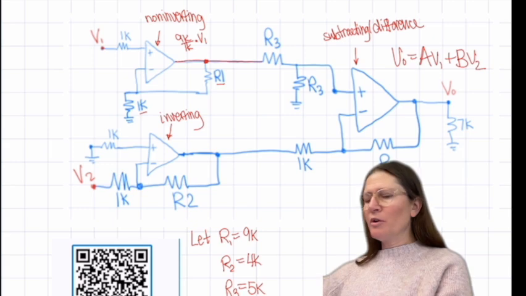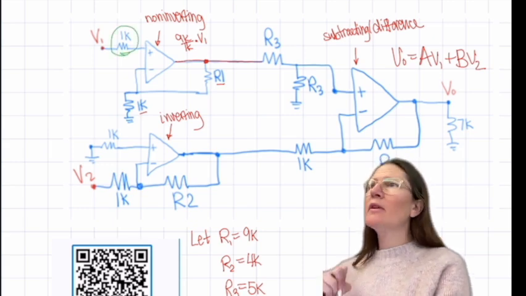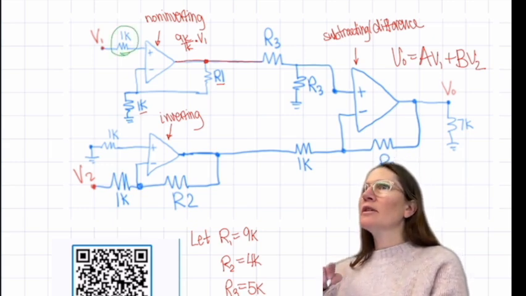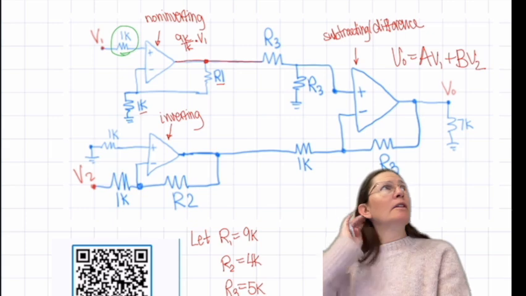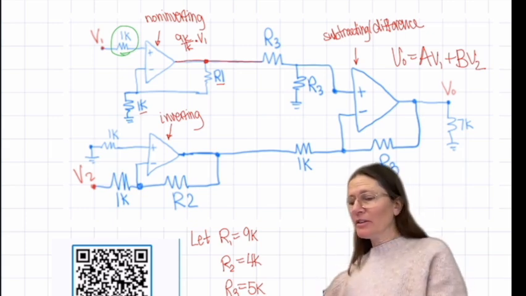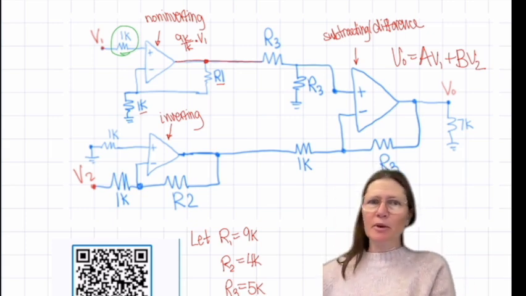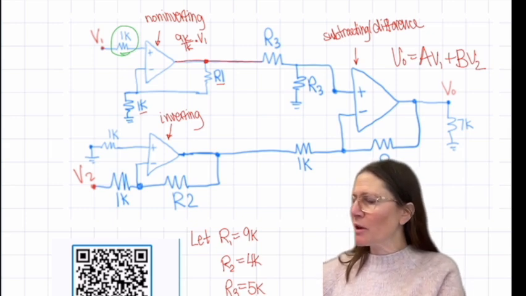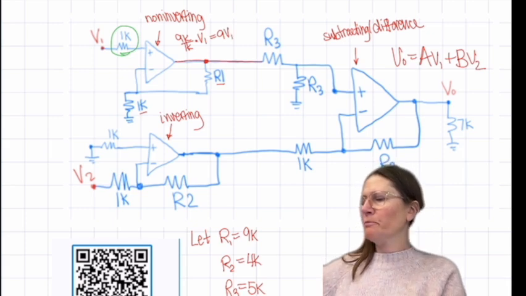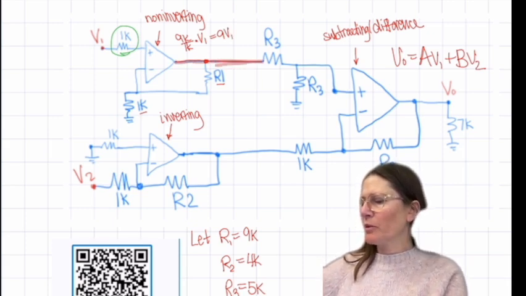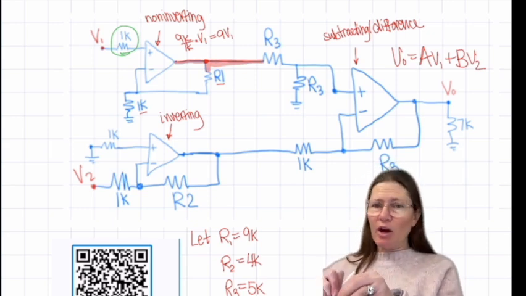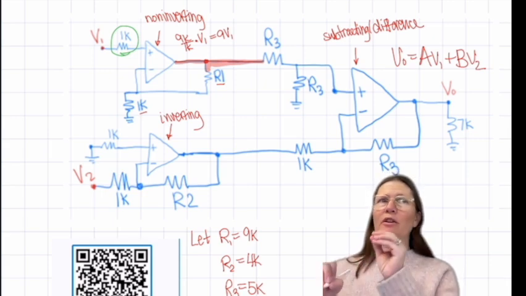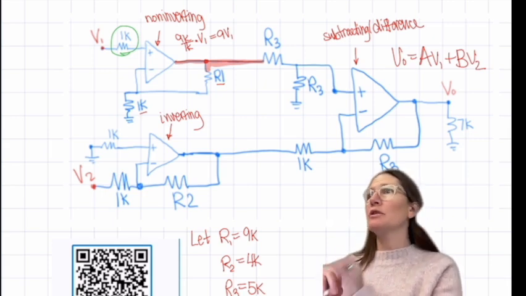So what's going on with this 1K? It's not affecting it at all, right? So you have to notice that that's not going to affect the output. So this is 9V1 at that wire, so this whole wire. And again, that acts as the characteristic of the op amp. It acts like a voltage source there, fixing it at 9V1.